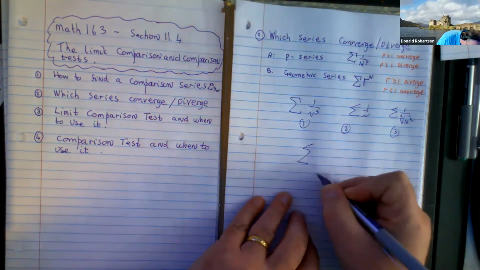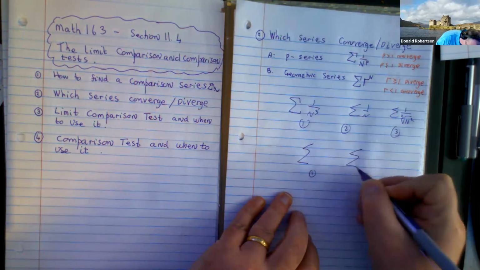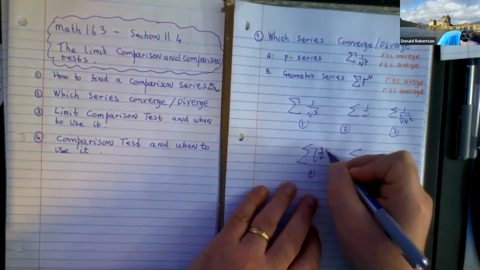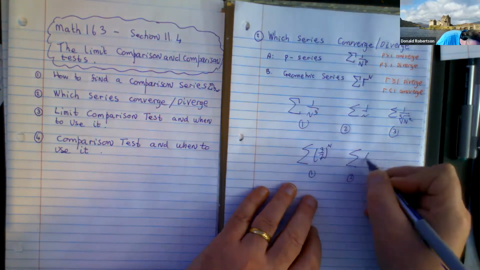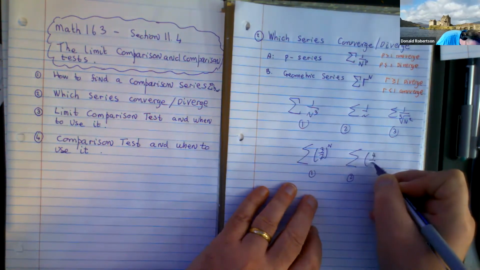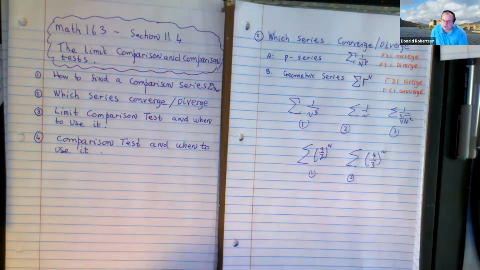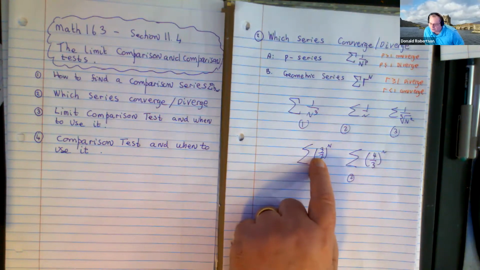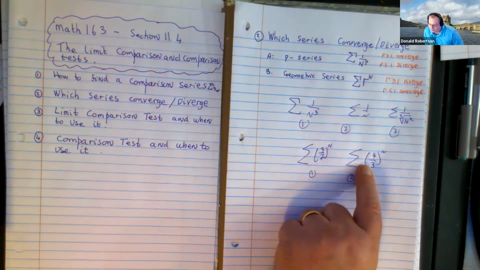I'm going to do 2 of these guys. There's 2 geometric series, right? Very, very basic ones, right? They don't even have an A at the front, but isn't the r value 3/7, and this one it's 4/3.